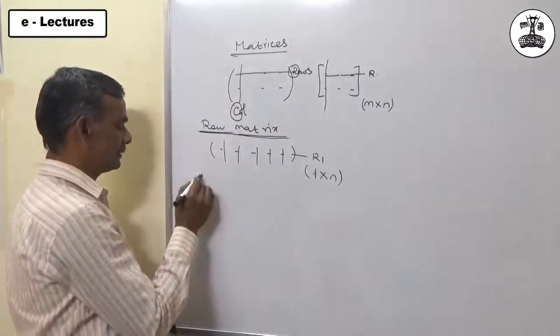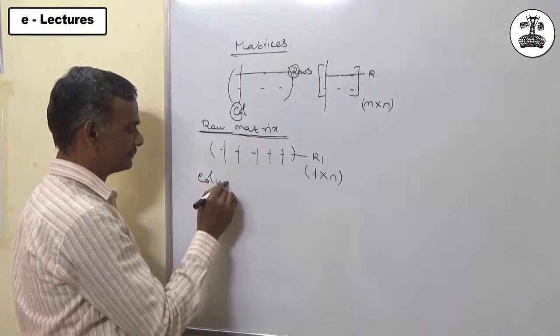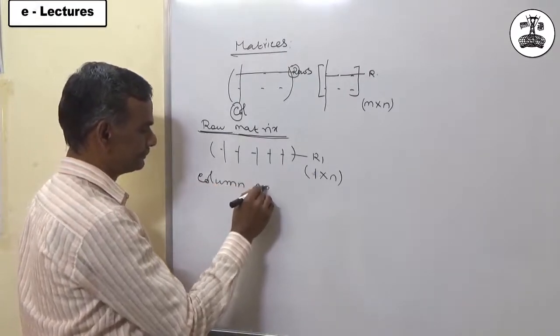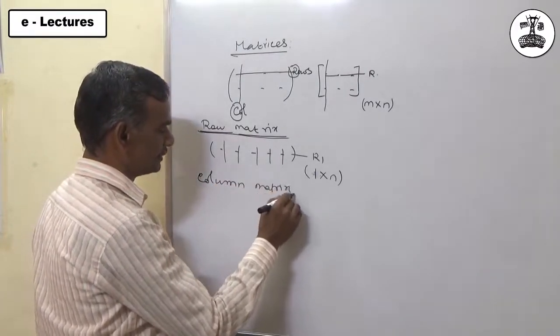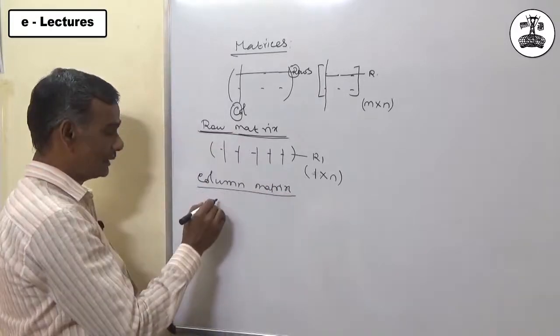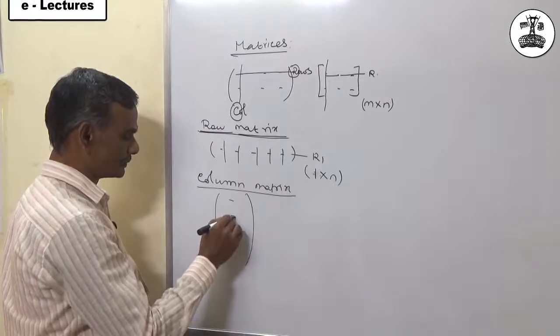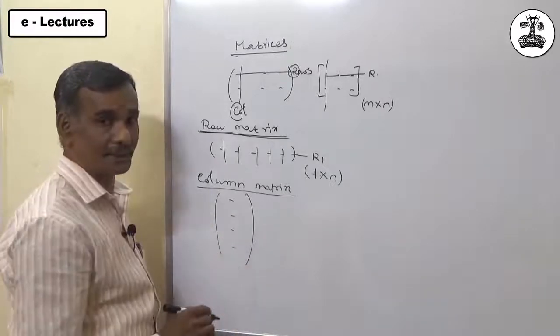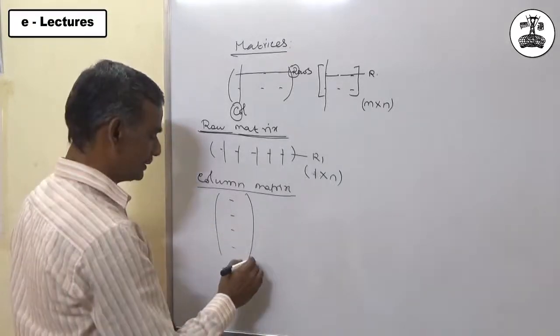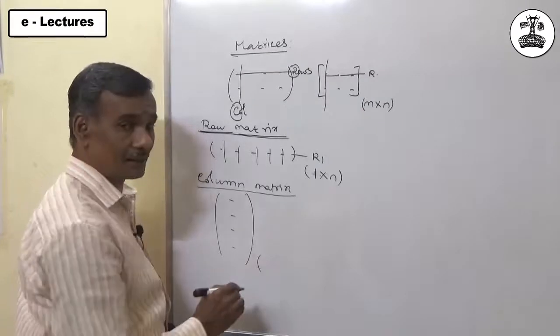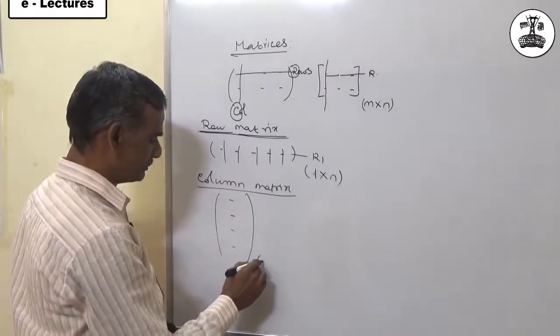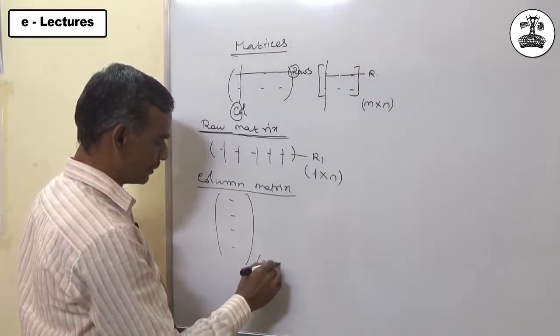Next, column matrix. Suppose a matrix has only one column and any number of rows. Then it is said to be a column matrix. The order is m cross 1.